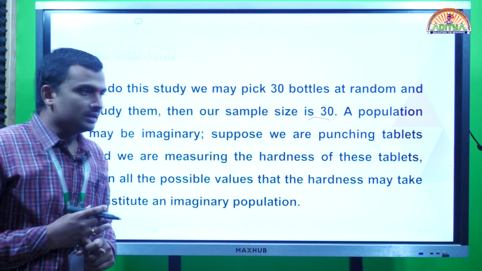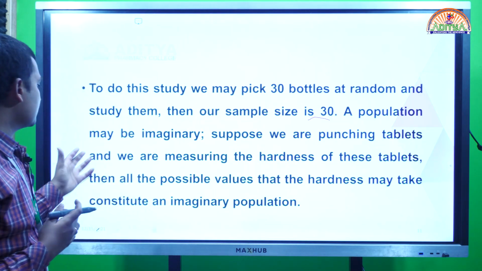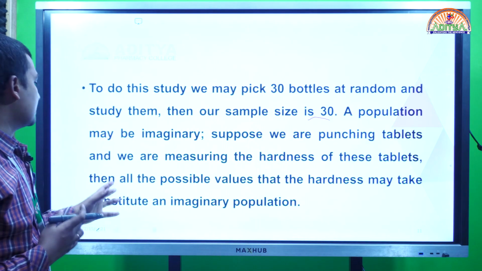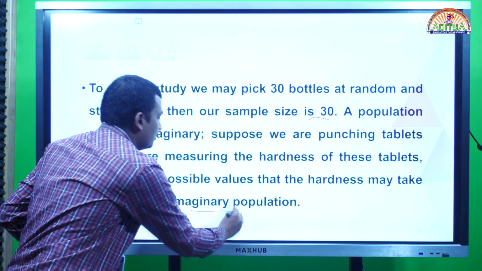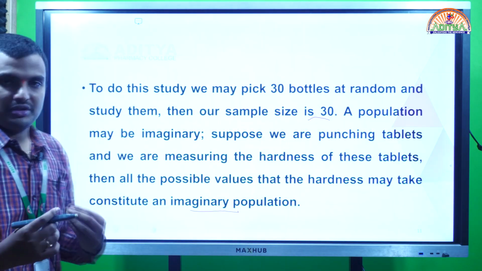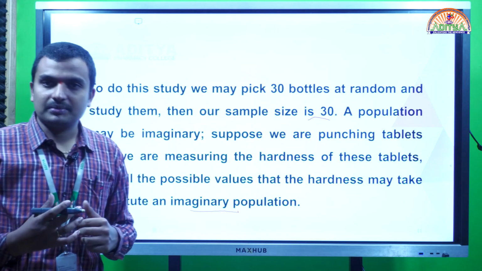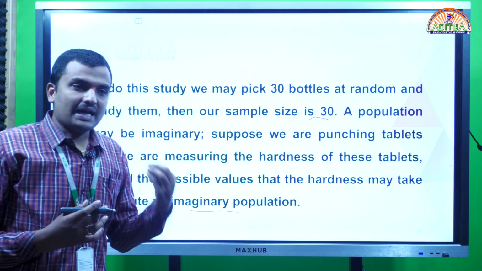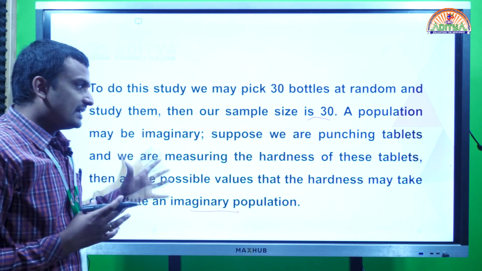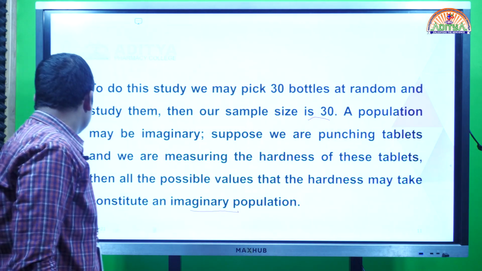Suppose we are punching tablets and measuring their hardness. All the possible values that the hardness may take constitute an imaginary population. The observations of the particular hardness values may constitute the sample.